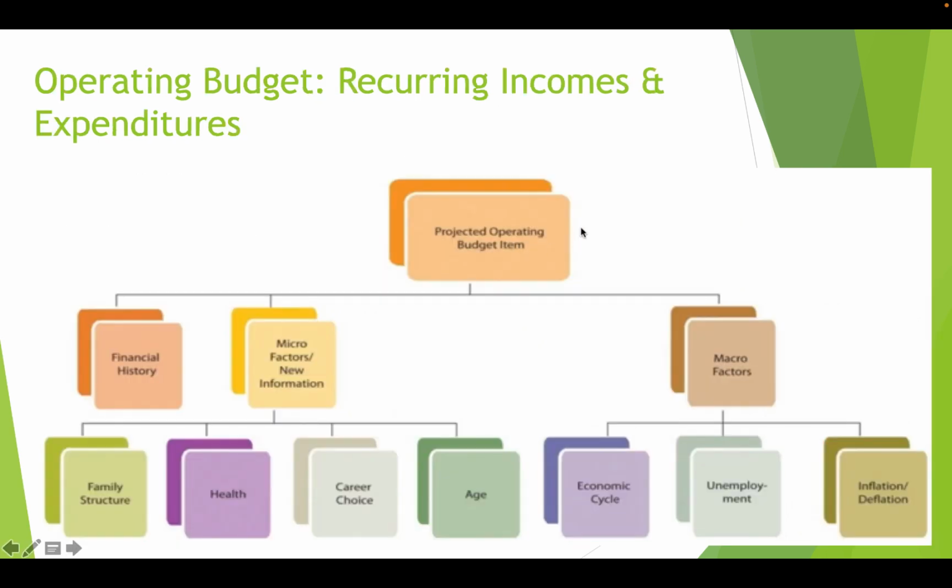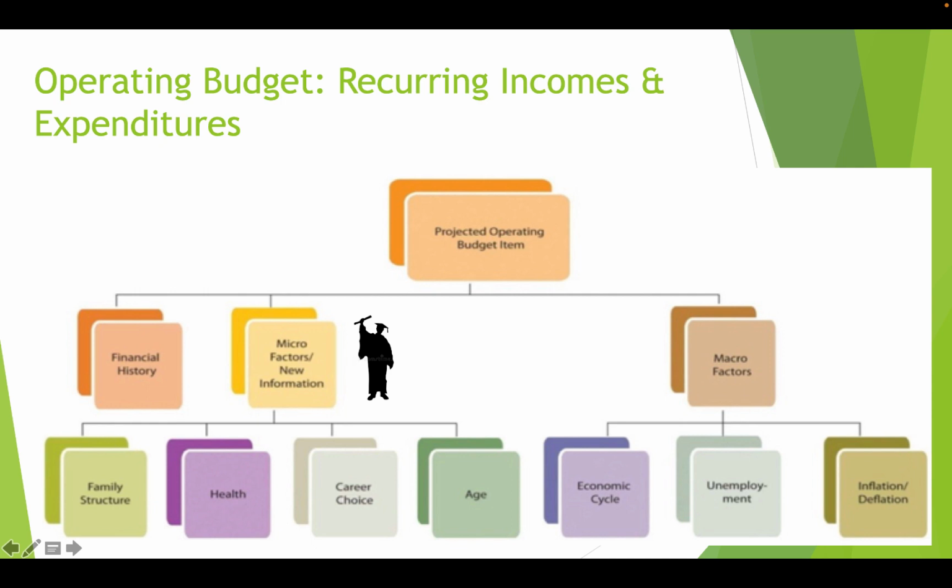When creating our projected operating budget, it's helpful to take a look at three major components. The first is our financial history, which comes from our financial statements. That's helpful to give us a more accurate picture of where our expenses and incomes tend to be. Next is the micro factors, or new information.